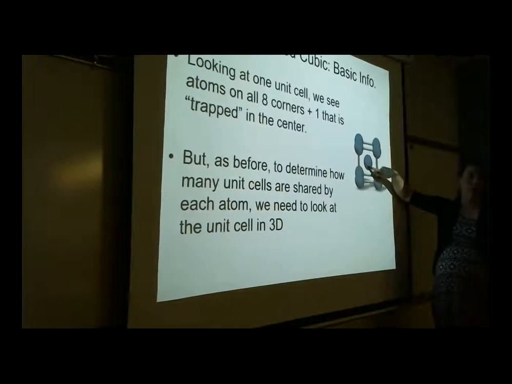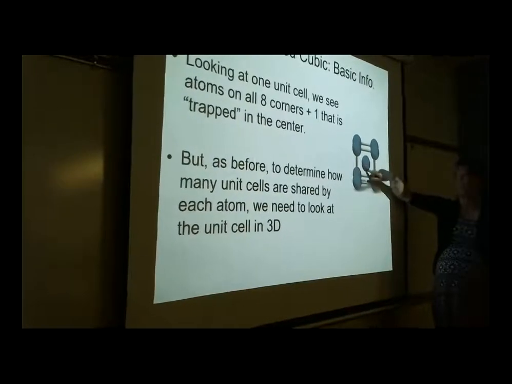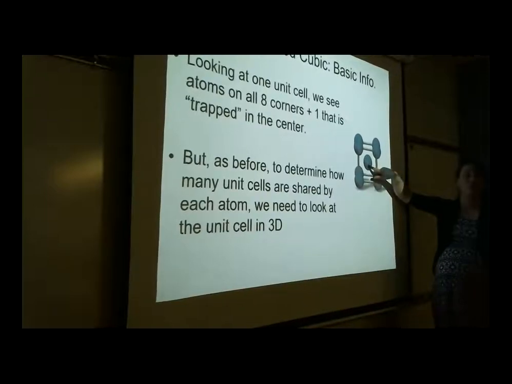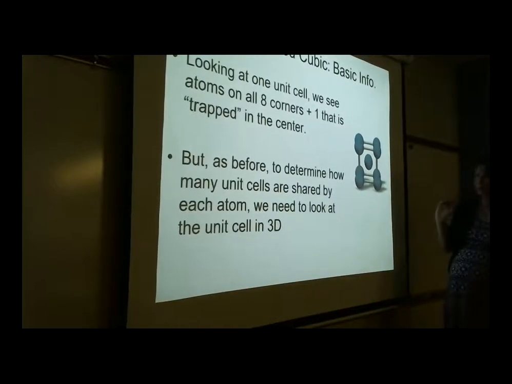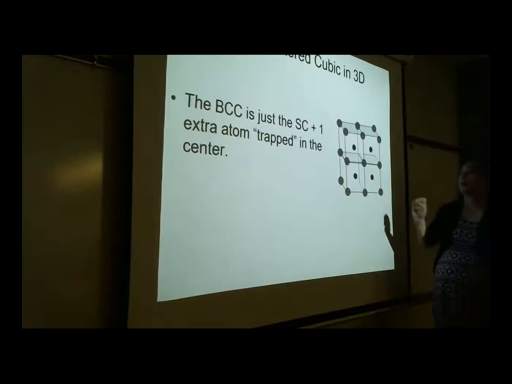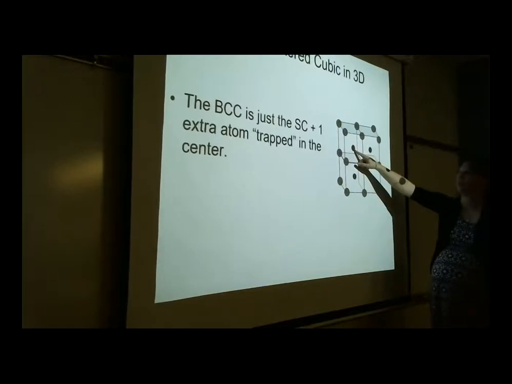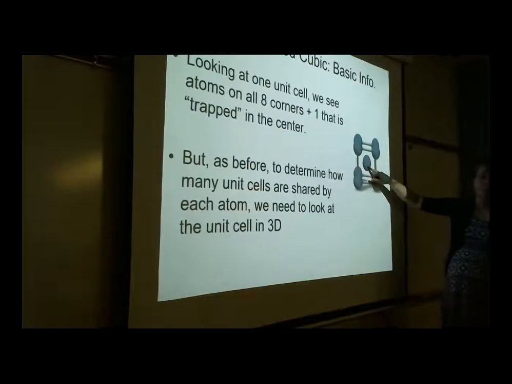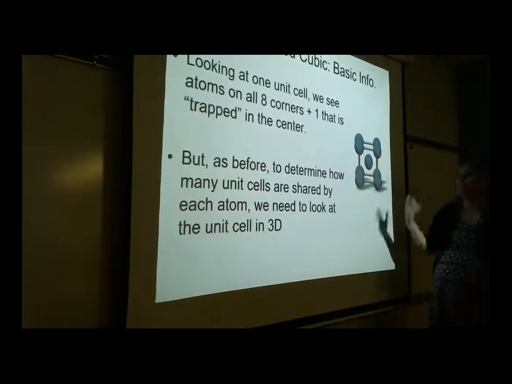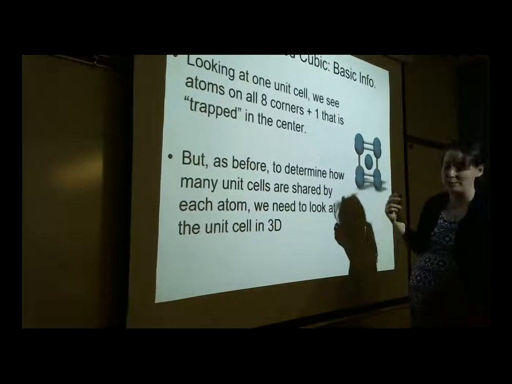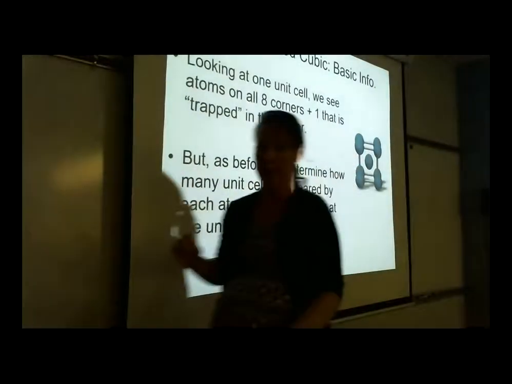No, it's a prisoner, right? This one is stuck in the middle. It is not being shared by any other atoms. So if you think of this as just simple cubic with a prisoner, how many net atoms would you have in body-centered cubic?